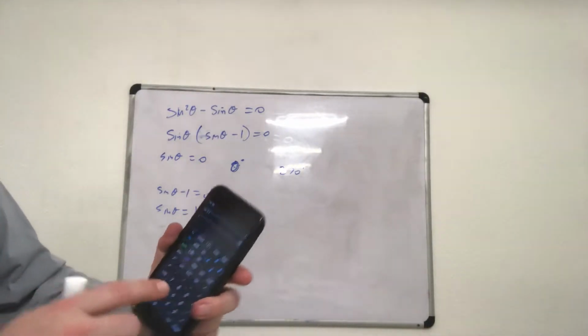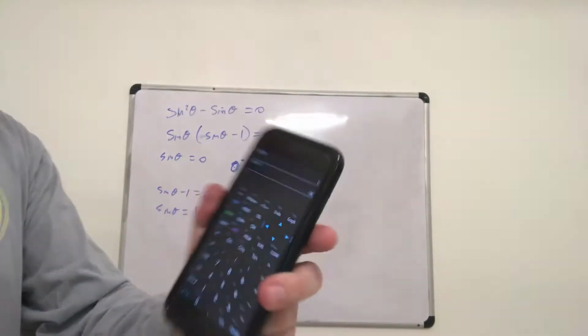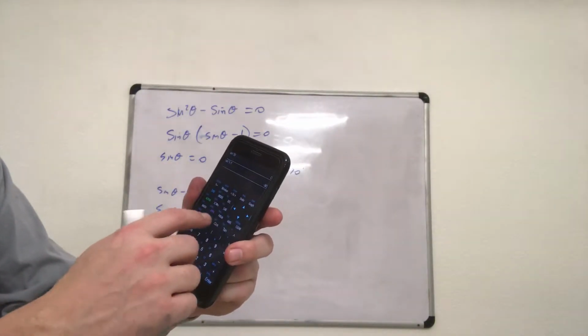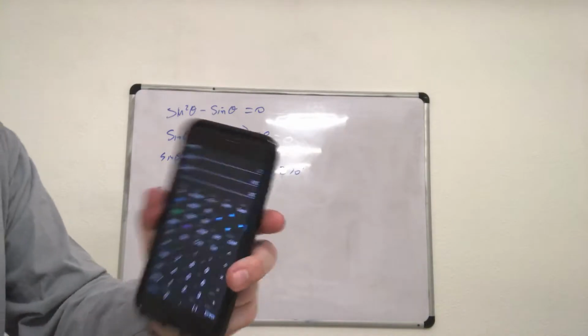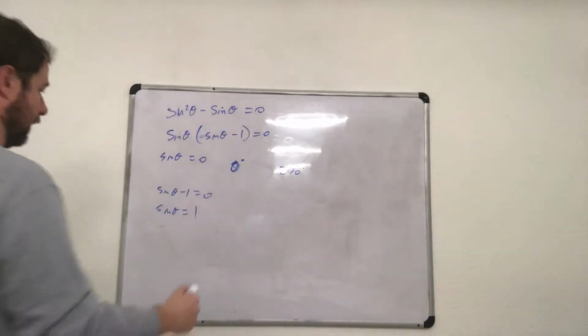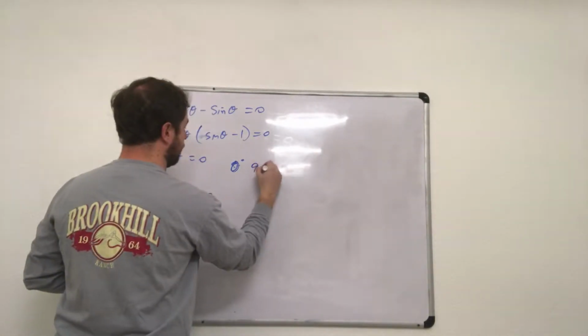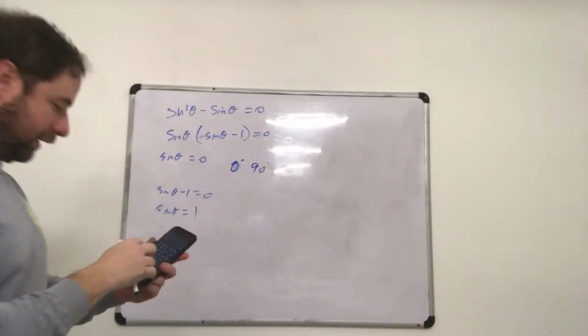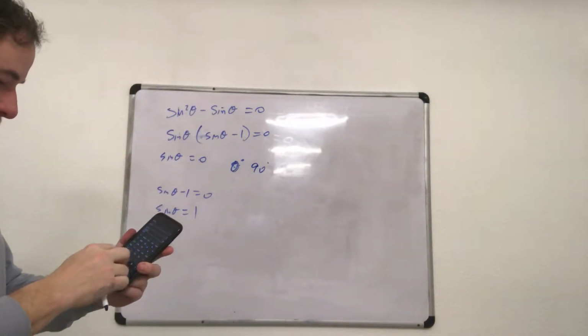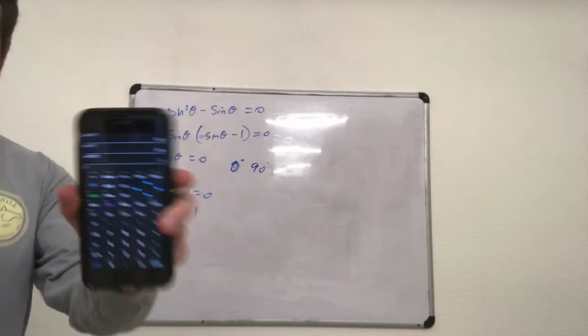Whoops, I messed up. I put in negative 1. It should have been sine theta equals 1, because that is what it was. It's actually not negative 90. It is 90 degrees.